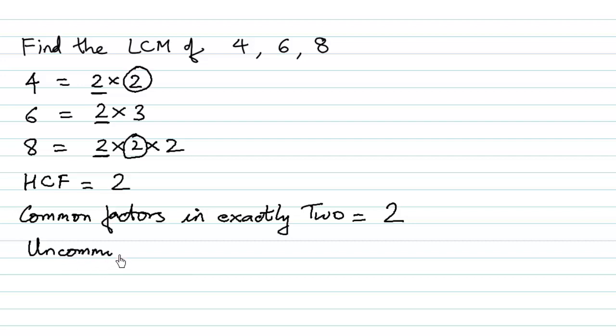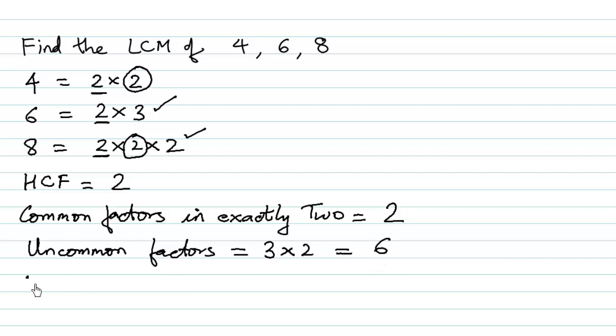Uncommon factors means the factors which are not common to all the 3 or even 2. For instance, this 3 and this 2, they are totally uncommon. So we are going to multiply the 3 and 2, and that is 6.